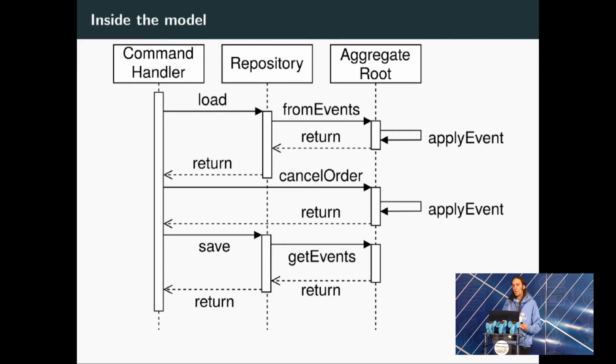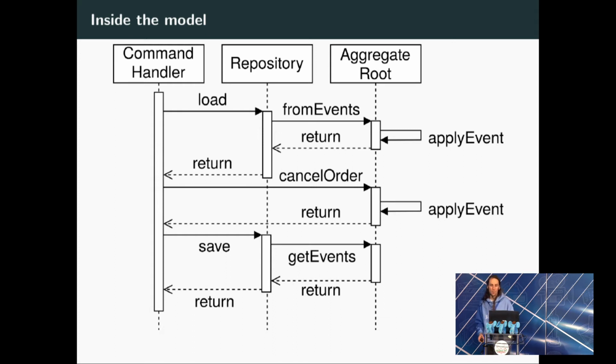Once you've raised an event, you have a separate handling method for that event that will update the status to cancelled. When you read it back out of the database, you won't repeat that validation because an event is a fact. It's something that has happened. The order has been cancelled. Even if something's changed in the meanwhile, that's something that you've got to cope with. You can't throw an exception because the order can't be cancelled anymore because it already has been.